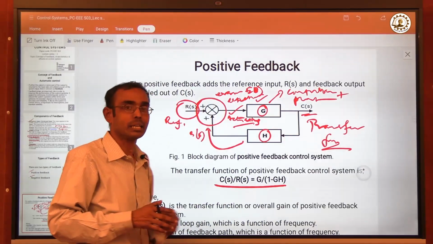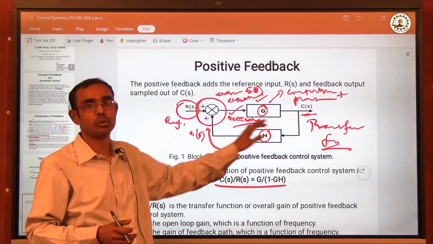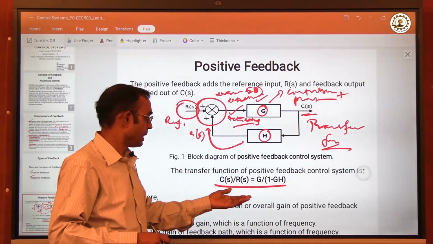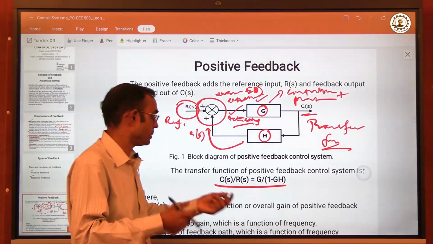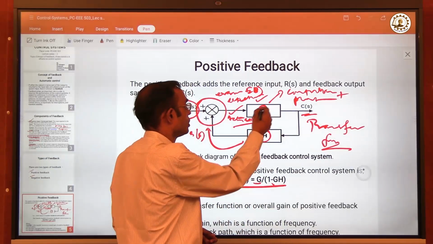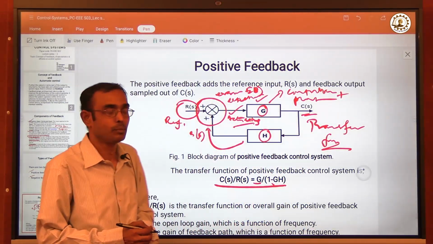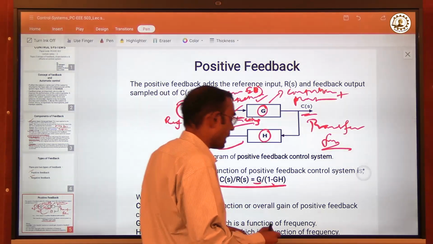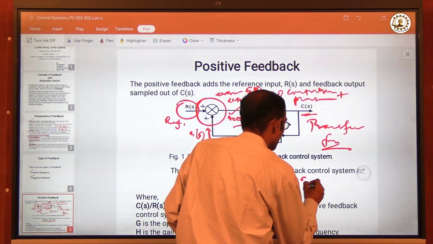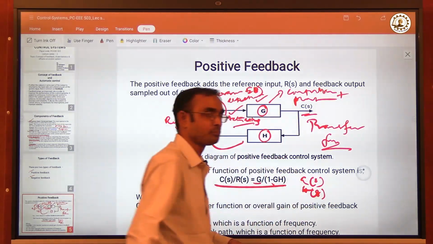That's why it is such a mathematical function which is transferring a signal from input to the output of a system. So therefore, the derived form is G by 1 plus GH, where this G and H are shown over this diagram, this G is the forward path gain and H is the feedback path gain, and they are always a function of frequency, and that frequency is denoted by S.